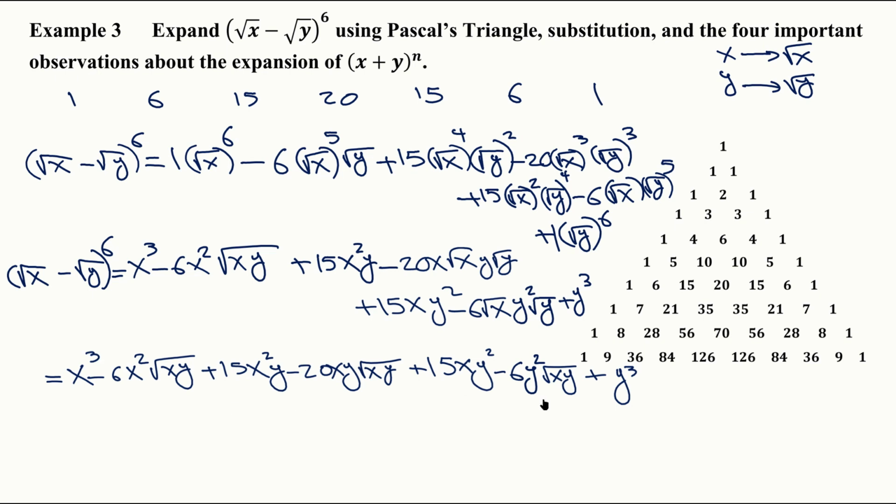We try to see if we have any like terms, and be careful, that looks tempting, but they're not really like terms, because this is x squared y, but that's xy squared, etc. Same with these two, they kind of look similar, but they're not, because this is negative 6x squared radical xy, and this one is negative 6y squared radical xy.